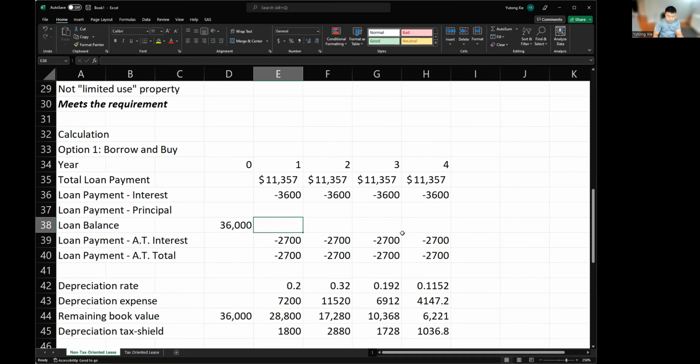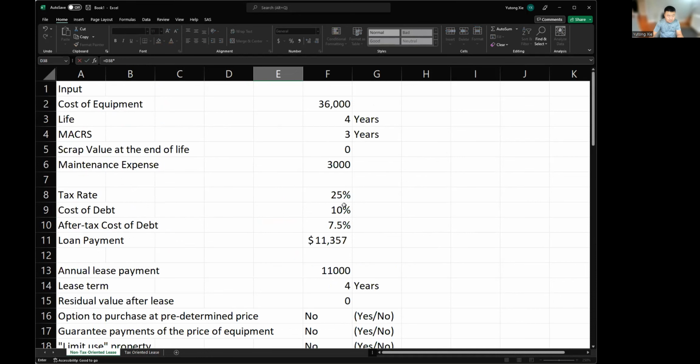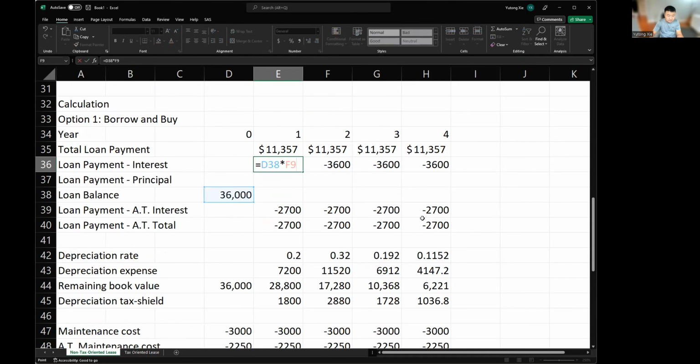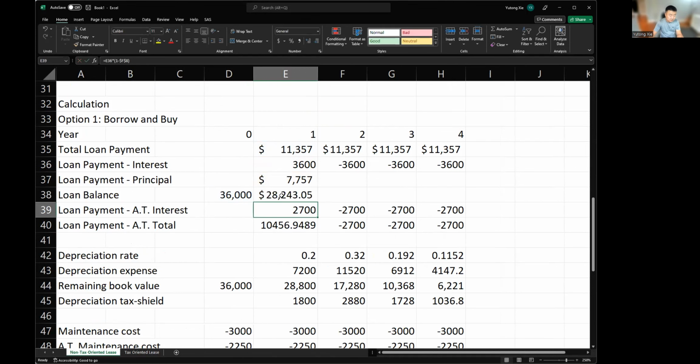In year one, there should be an interest payment, which equals the previous balance multiplied with the cost of debt, that's 10%, 3,600. Then the principal payment should be the difference between the loan payment and the interest payment, that is this number. And then the loan balance should be the previous balance minus the current principal payment, which is this number.